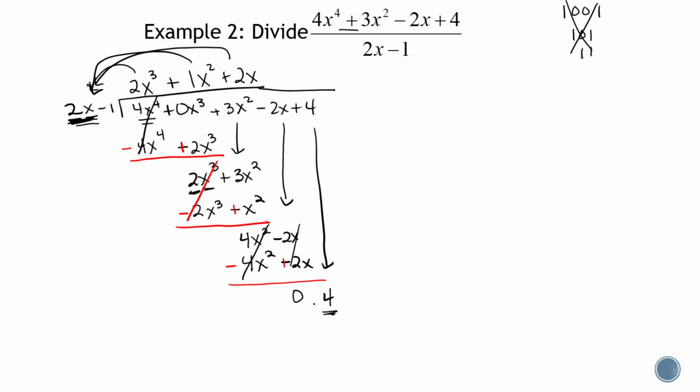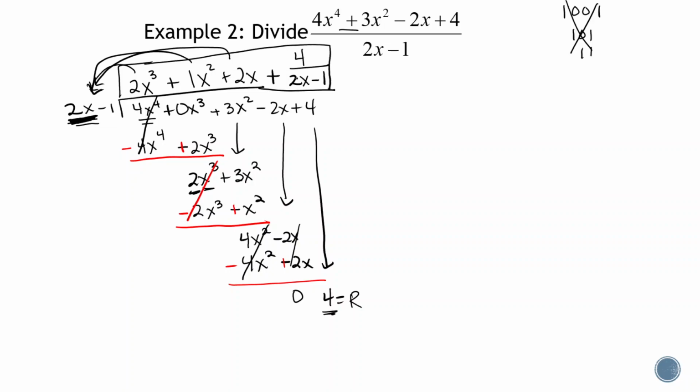Now this last piece has no x's, and my divisor has an x. So this is my remainder. Once I get down to that constant piece, I'm going to add my remainder, and I'll put 4 over 2x minus 1. And so my answer to the division problem is this quotient that I got.